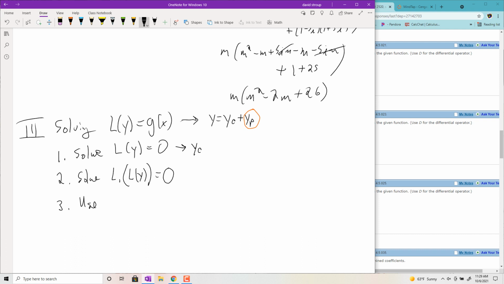Okay, so use 1, 2 to find y sub p, and then you'll use the method of matching coefficients to solve basically, and then finally the solution y equals y sub c plus y sub p.